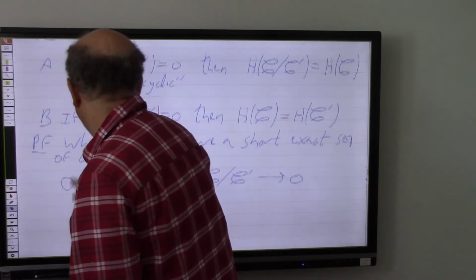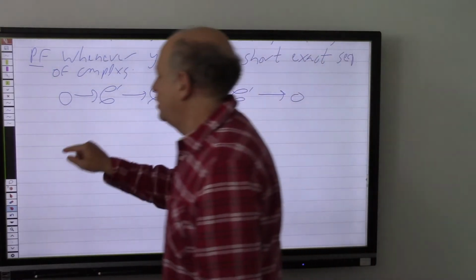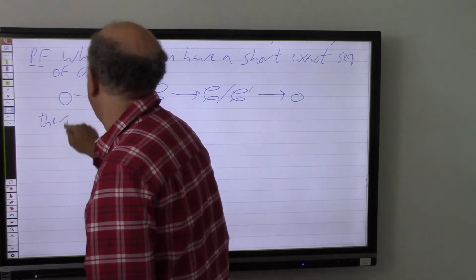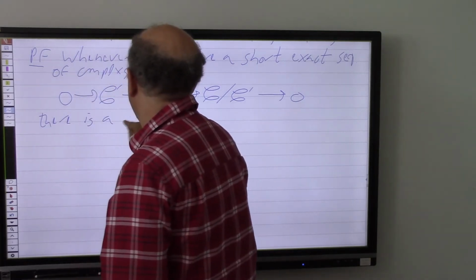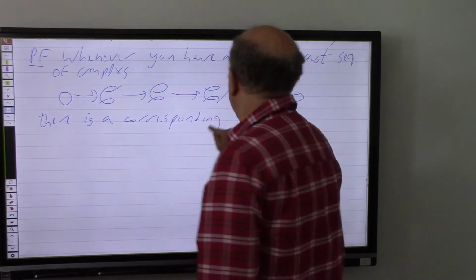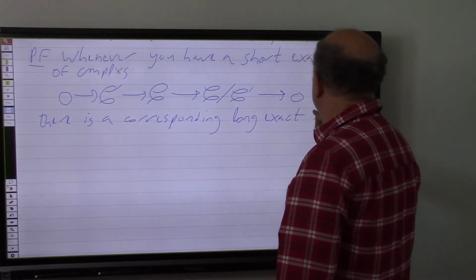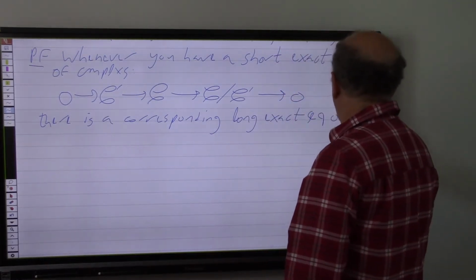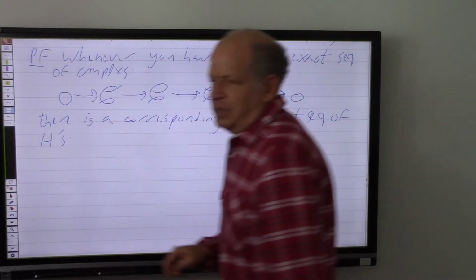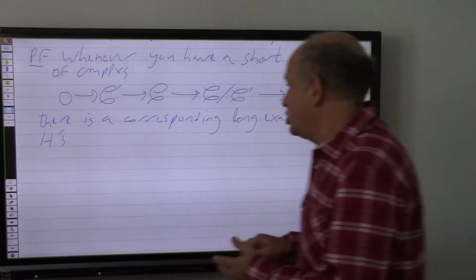So whenever you have such a short exact sequence, there is a corresponding long exact sequence of homologies. And let me just write it.